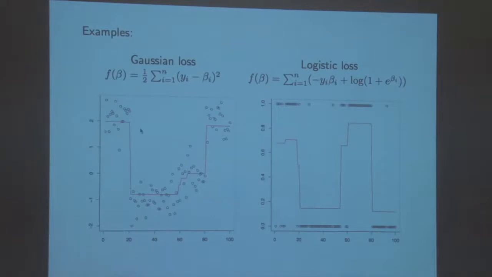So we're going to then use the Gaussian regression loss. So you can think about we're estimating a separate mean parameter for every observation yi we see, but we're going to enforce the penalty on the pairwise differences. So an instance of the fused lasso is going to look like this.